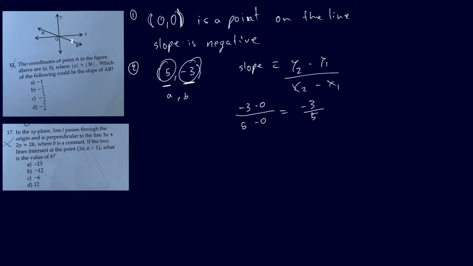So we can take each of these choices and write out a point that would work with these values. So let's start with D and then go above. Because the slope is -1 over 4, we can say that a point could be -1 over here and 4 over here.